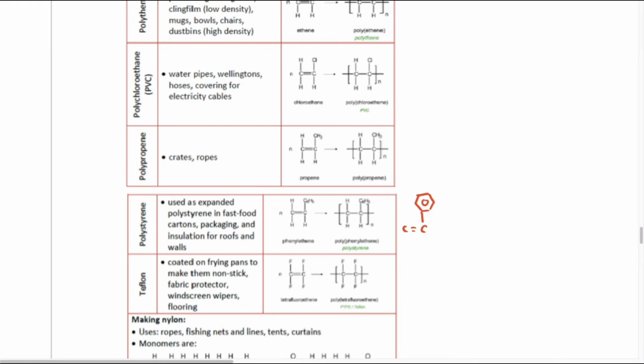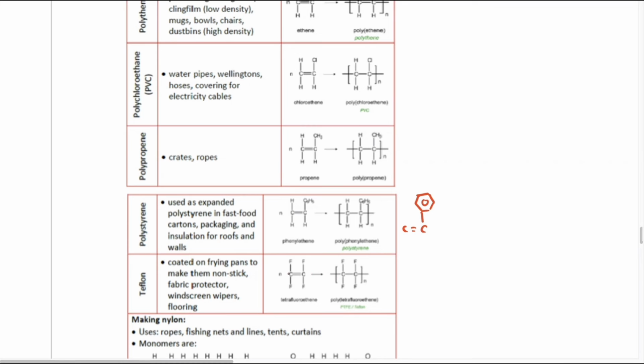Then you can see Teflon. Teflon is the coating of non-stick pans, coated on frying pans to make them non-stick. Fabric protector, windscreen wipers, flooring. So for Teflon, you can see fluorines replace the hydrogens of the ethene.